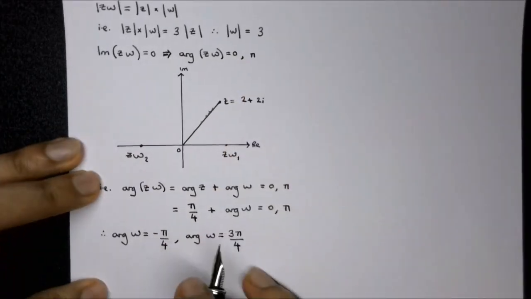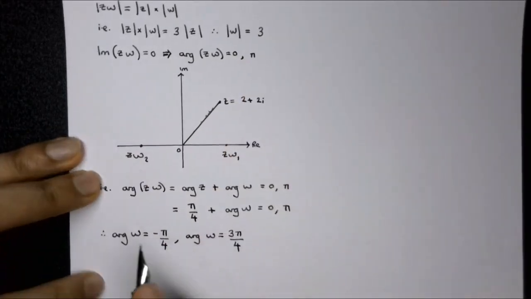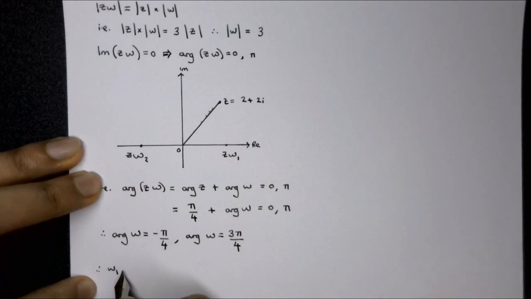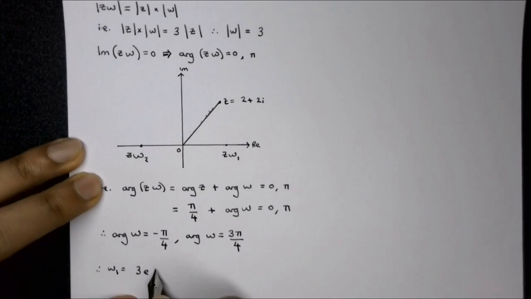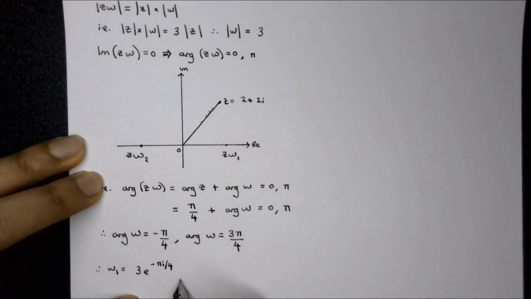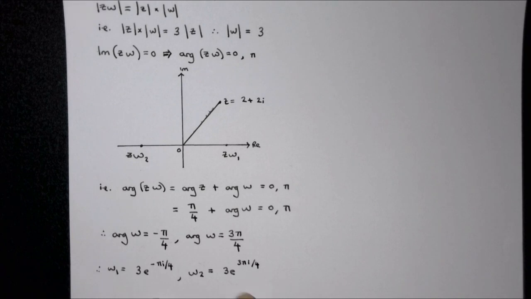So therefore, hopefully you can see W1 will equal 3 e to the power of minus pi i over 4, and W2 is equal to 3 e to the 3 pi i over 4. So these are our two possibilities for W.